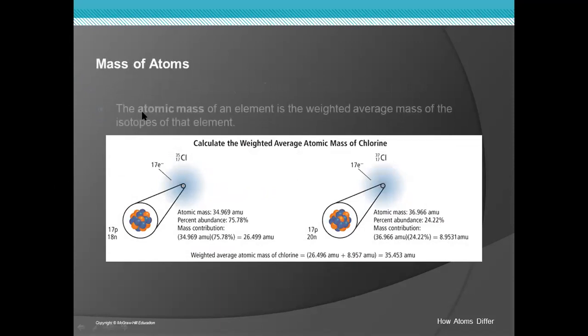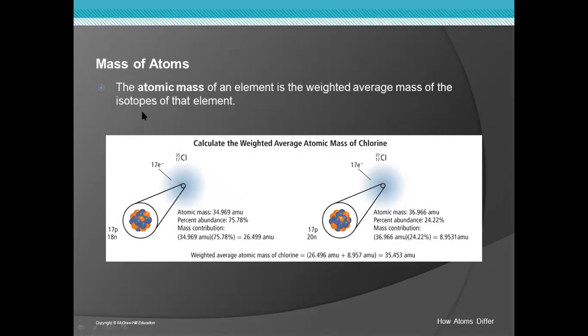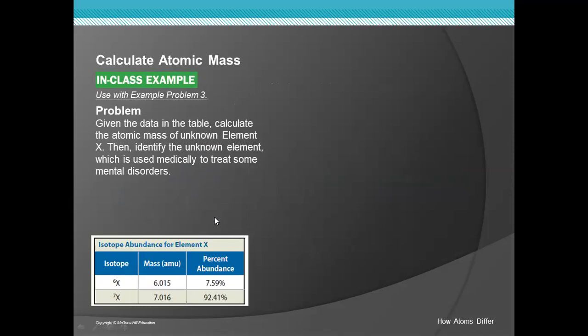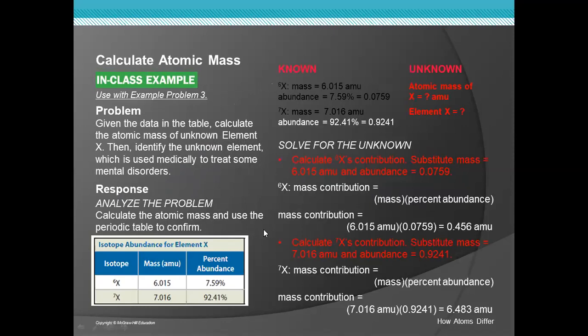This is the mass of an atom: the atomic mass of an element is the weighted average mass of the isotopes of that element. This example is about isotopes, mass numbers, and the percentage of each one.